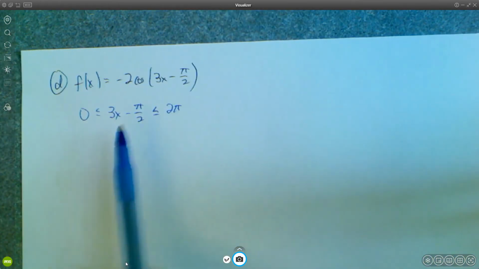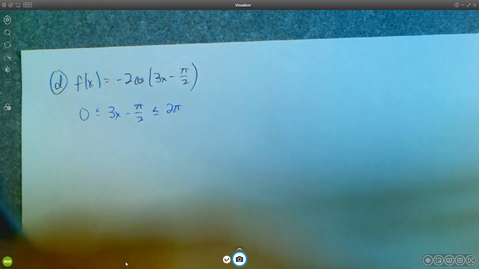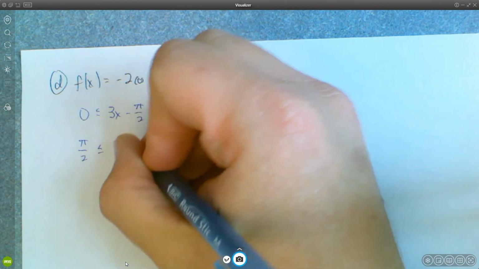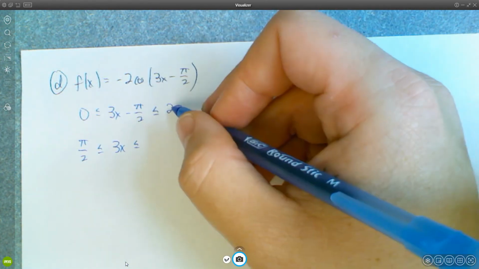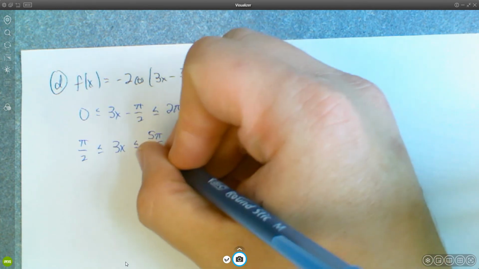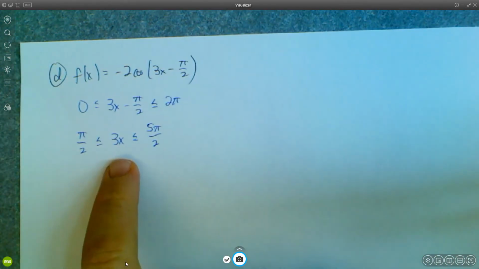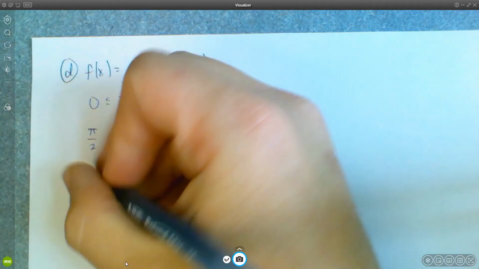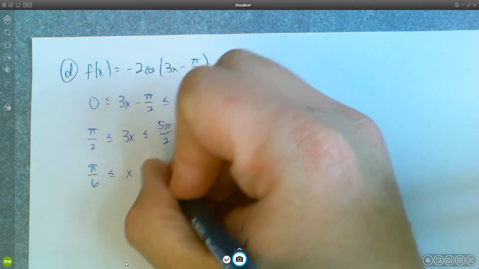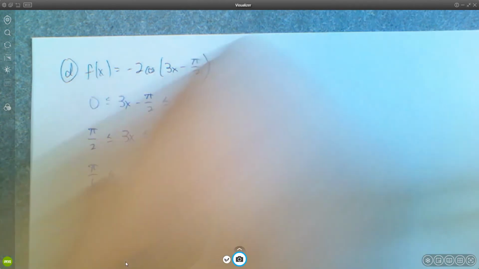So to solve for x, first I would need to add pi over 2. 2 pi is the same thing as 4 pi over 2, so if I add pi over 2, I get 5 pi over 2. And then the next thing I need to do is divide through by 3. So I'm going to get pi over 6 less than or equal to x less than or equal to 5 pi over 6.